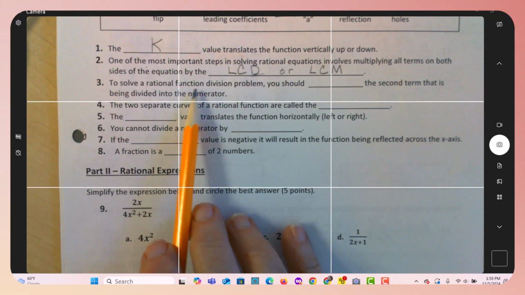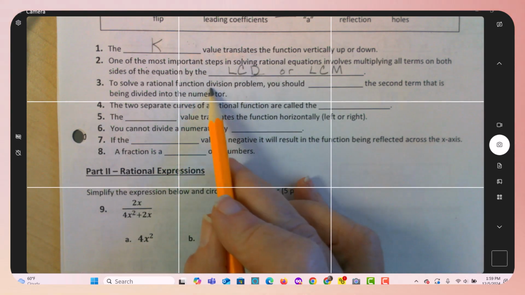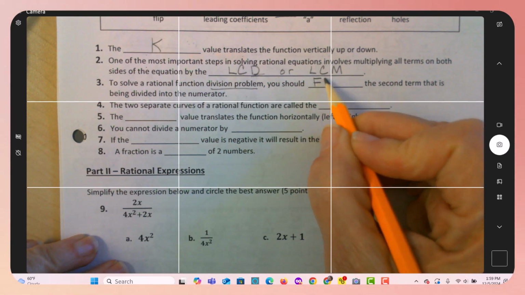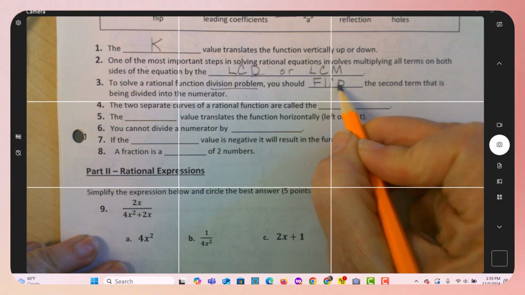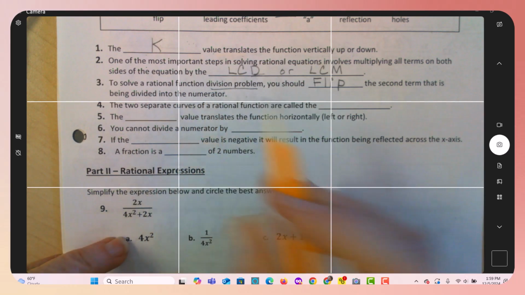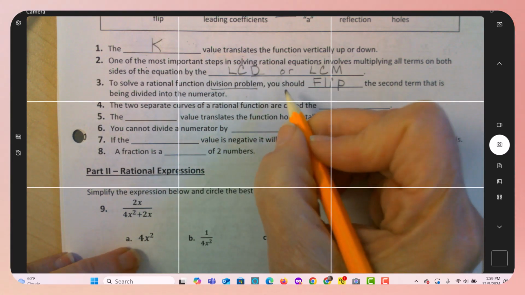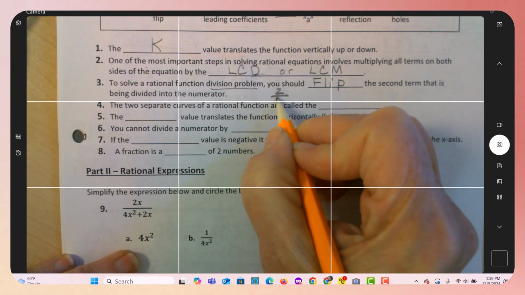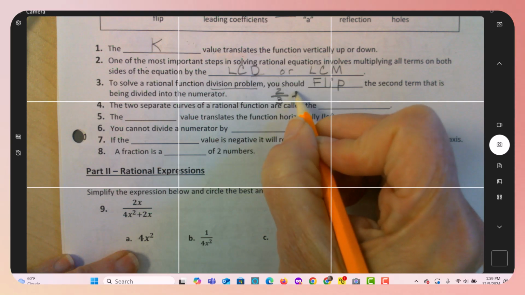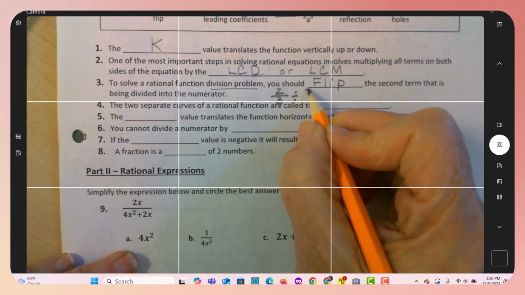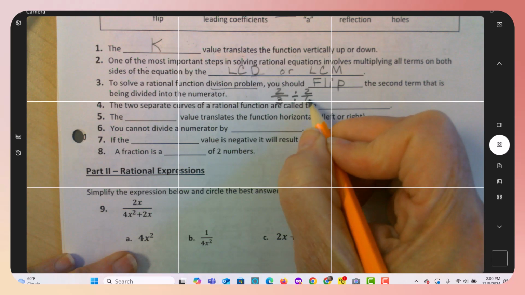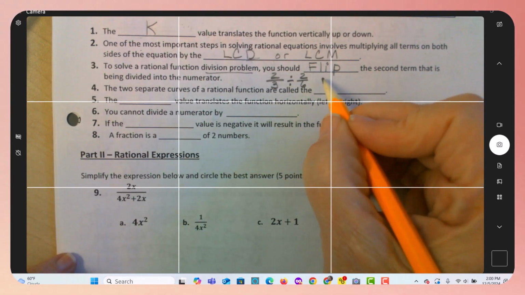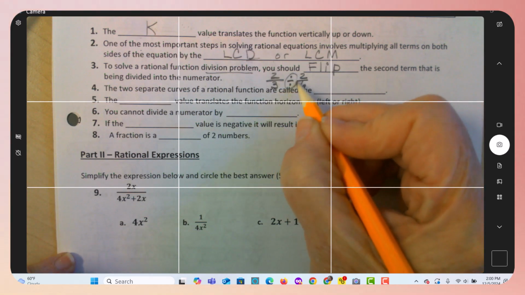All right, question number 3. To solve a rational function division problem, you should flip the second term being divided into the numerator. If you remember your fraction rules, if we had something like 2/3 divided by 2/6, we would flip that second fraction and we would change this division to multiplication.